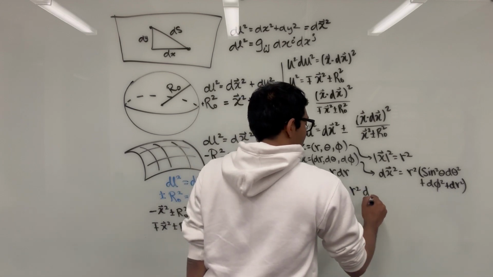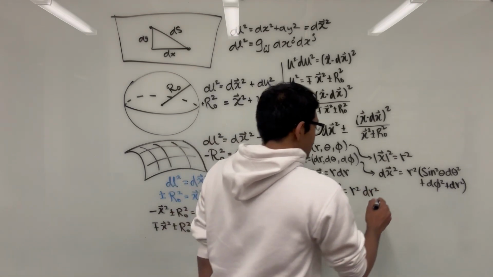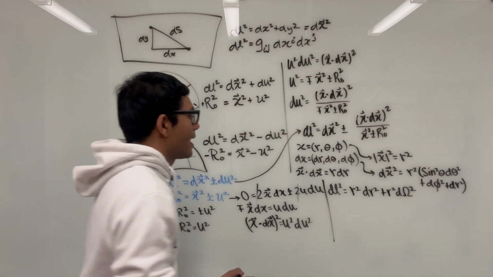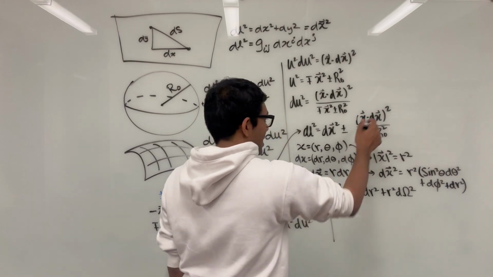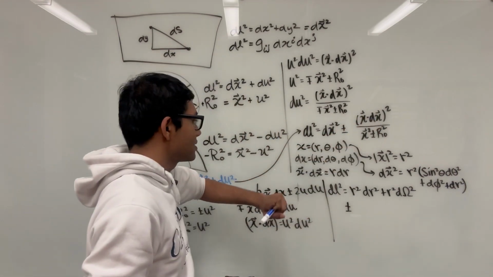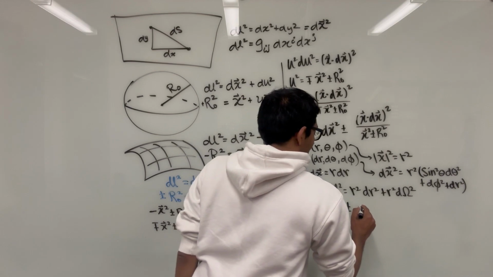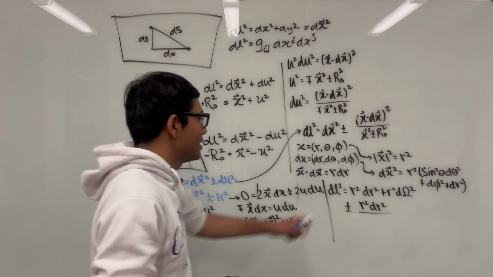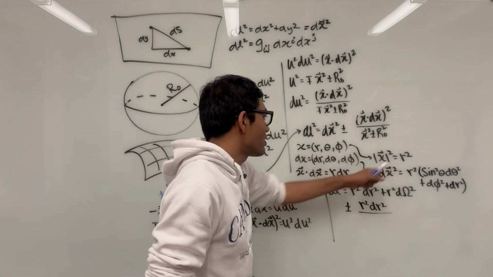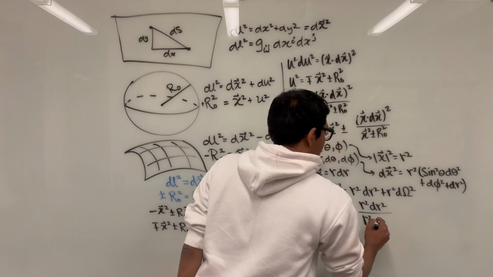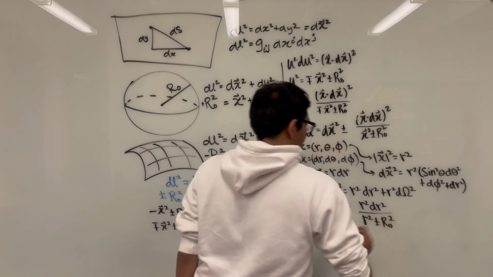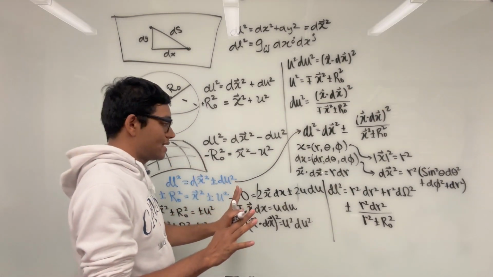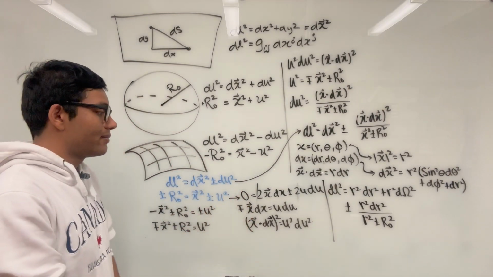So I've got dr squared, plus r squared d sigma squared for the angular measure, and then plus minus this term: x dot dx is simply r dr, and if I square that, that's r squared dr squared, divided by x squared, which is given by r squared, so r squared plus minus r naught squared. Okay, so this is the idea. It's starting to take form. We're almost there, but let's not rush it.